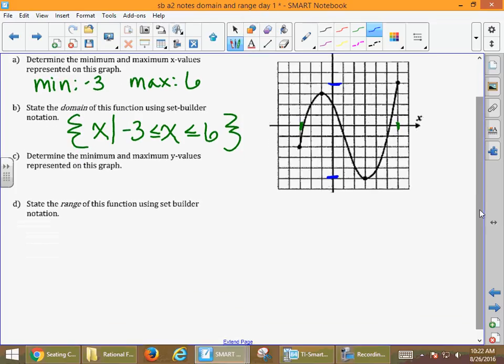So our minimum, what's our smallest y value? Well, 1, 2, 3, 4, 5, -5. And our biggest y value, starting at the origin here, is 1, 2, 3, 4. It's this tallest point here.